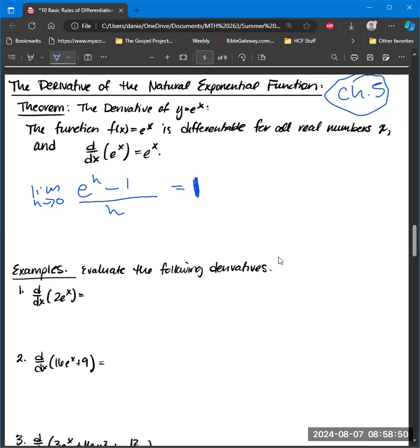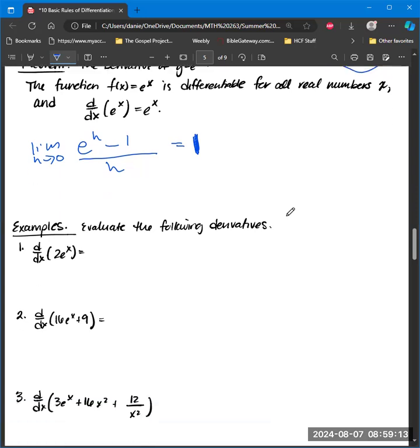If we tried to do this right now, we would see e to the 0 is 1. With exponent rules, 1 minus 1 is 0 divided by 0. We wouldn't be able to do anything.